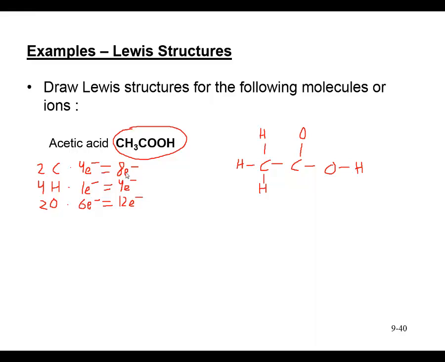So I have 8 plus 12 is 20, plus 4 is 24. So I have 24 valence electrons to build my structure out of. Let's see how many we've used so far with the single bonds in the skeletal structure. I have 1, 2, 3, 4, 5, 6, 7, 8, 9, 10, 11, 12, 13, 14 valence electrons that I've used so far. So I still have 10 more valence electrons to find homes for.